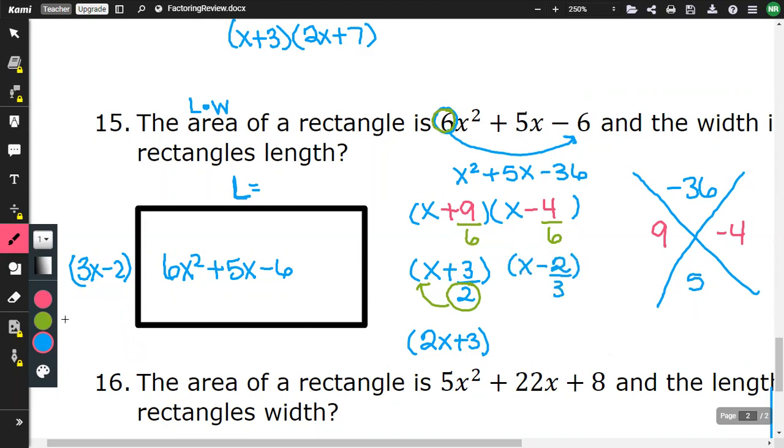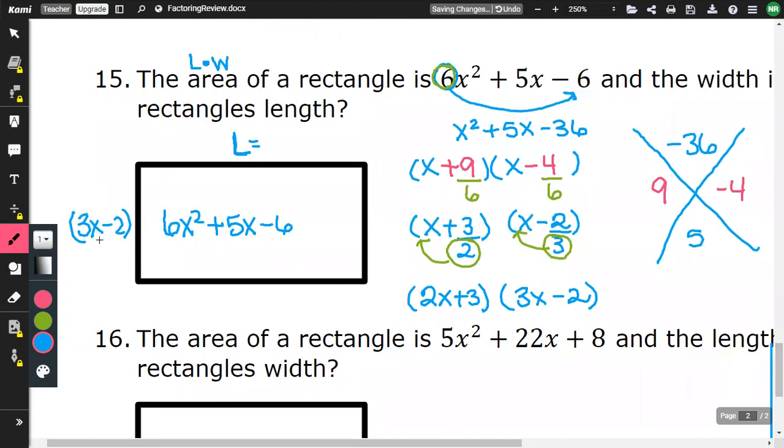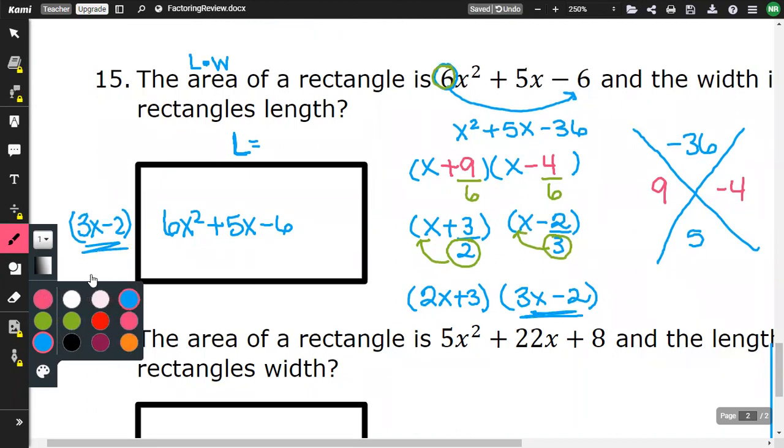And since it is still a fraction, what do we do? Bottoms up. And that one becomes 3x minus 2. Notice this one matches the given width, right? So 2x plus 3 must be the length.